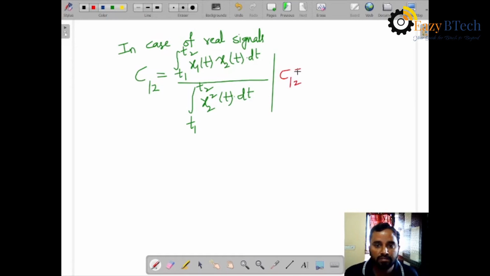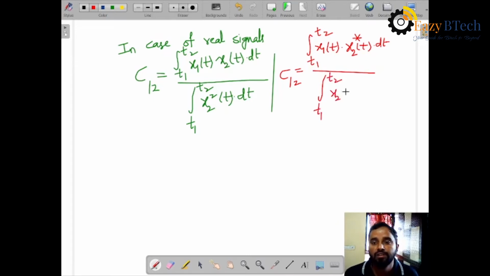C12 is equal to numerator integral T1 to T2 of x1 of t into x2 star of t dt, divided by integral T1 to T2 of x2 of t into x2 star of t dt.